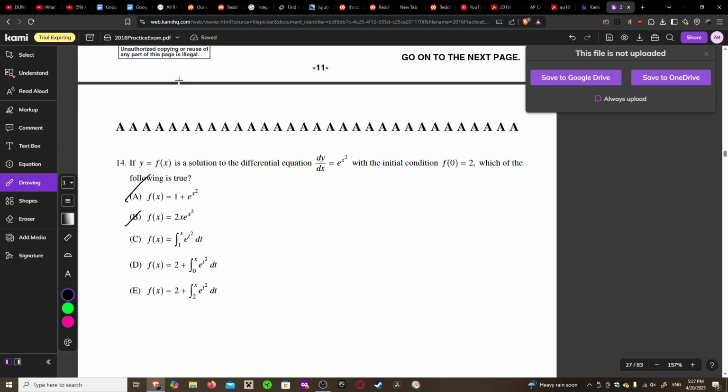No. Why are they giving me a non-elementary integral? F of x equals 0 plus the integral from 0 to x.